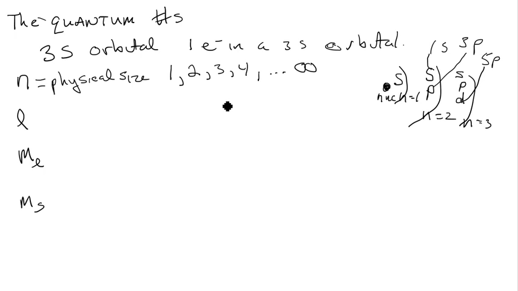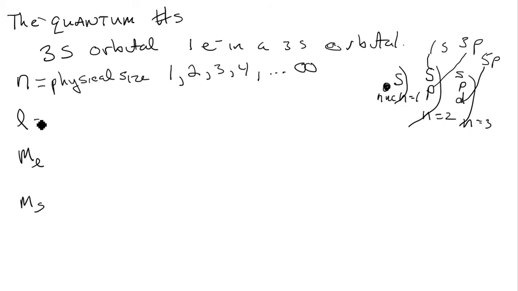So it could be 709, it could be 837, more likely 7 or 8. It represents the shell in which the electron resides. And then what is possible in each of those shells is dictated by the other quantum numbers.